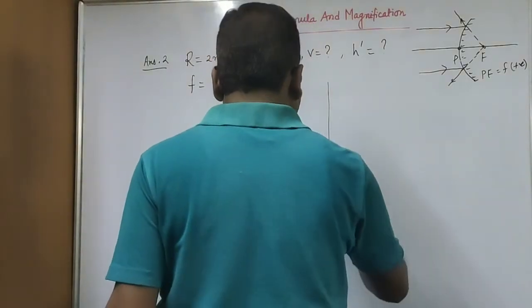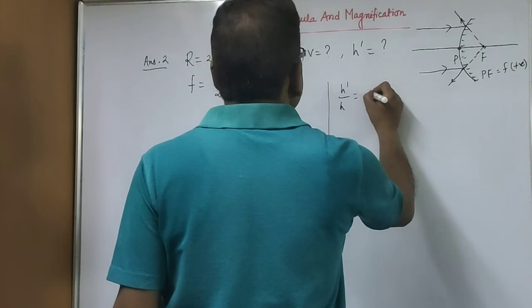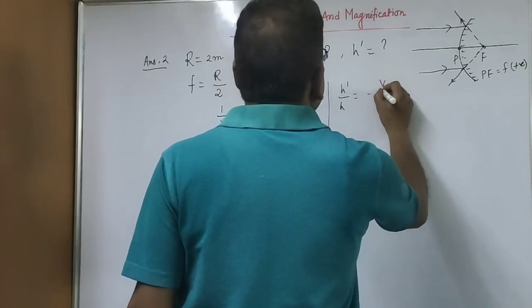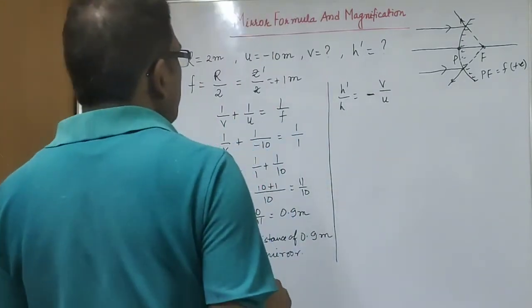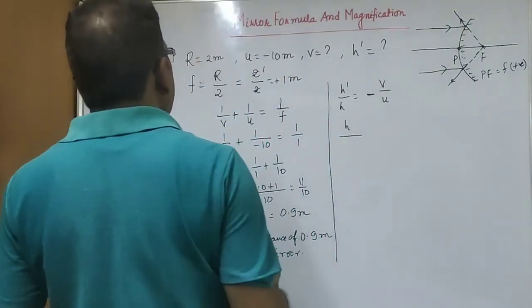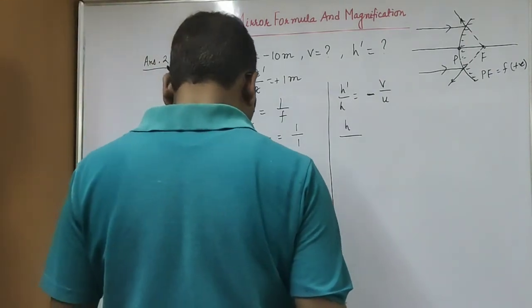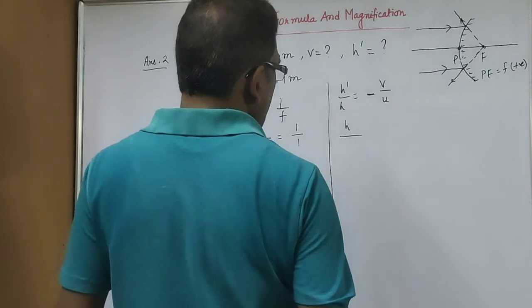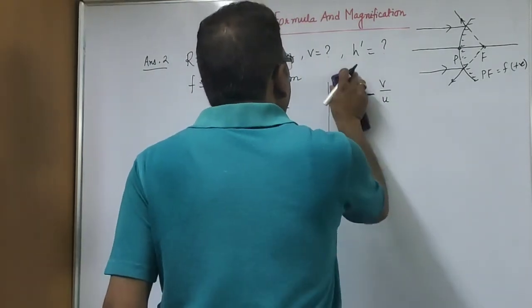So again we will use that relationship. h dash by h is equal to minus v by u. So h is how much? h is not given here. So we can't use this formula.